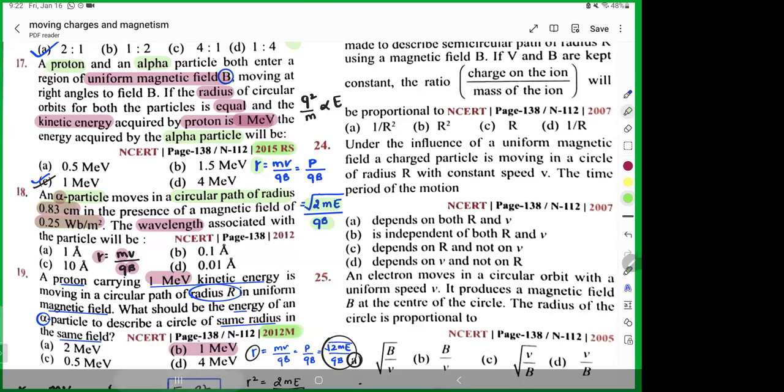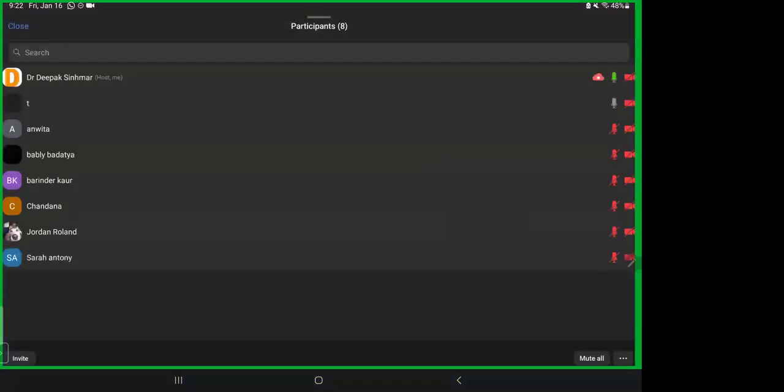Okay. So after doing so many questions, Sarah, what do you feel? Is NEET really difficult? No, sir. If we know the minimum thing we need to read and we understand the concept, it doesn't matter.